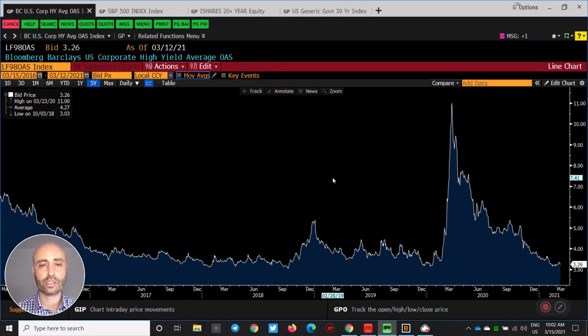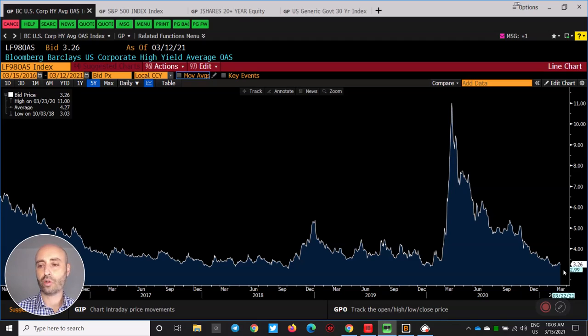One of our favorite charts, coming from a background doing global macro, is we look at the option-adjusted spread on junk bonds over equivalent US Treasuries. Basically, how much more interest and yield are we being compensated for holding risky corporate bonds, known as junk bonds or high yield bonds? This chart to me is absolutely terrifying.